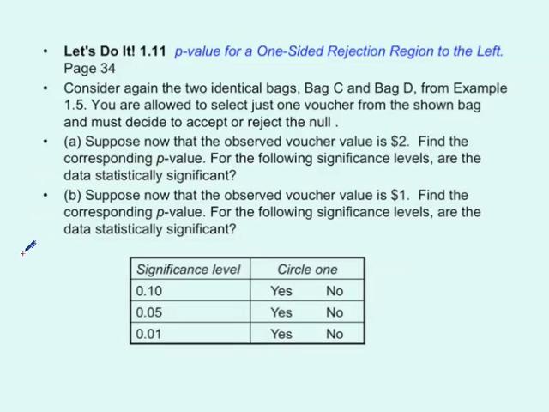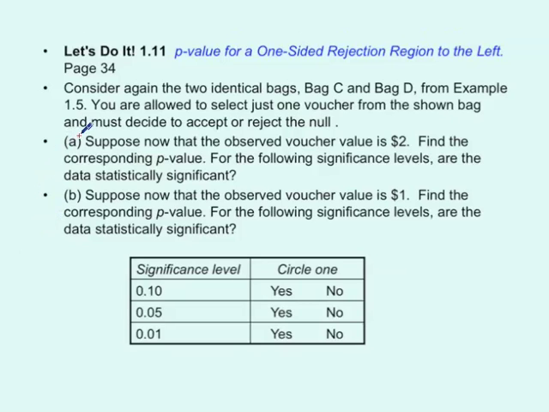Consider again the two bags, bag C and bag D, from example 1.5. You're allowed to select just one voucher from the shown bag, and you must decide to accept or reject the null. In take one of this, let's suppose that the observed voucher was $2. Find the corresponding p-value, and then for the following significance levels, are the data statistically significant.